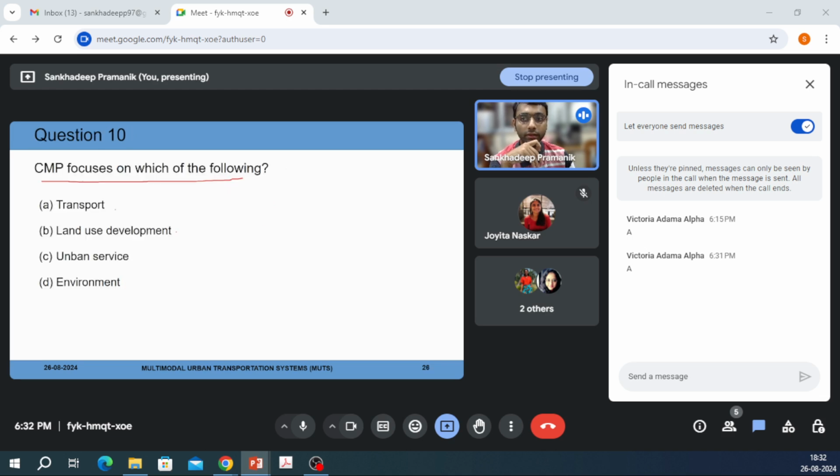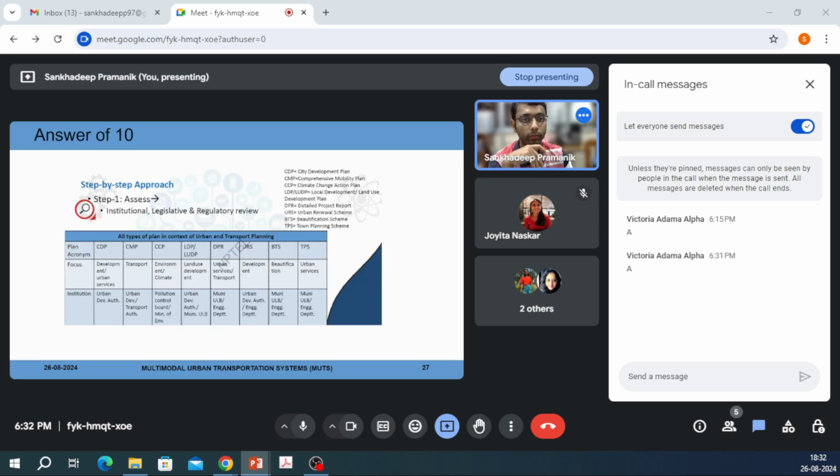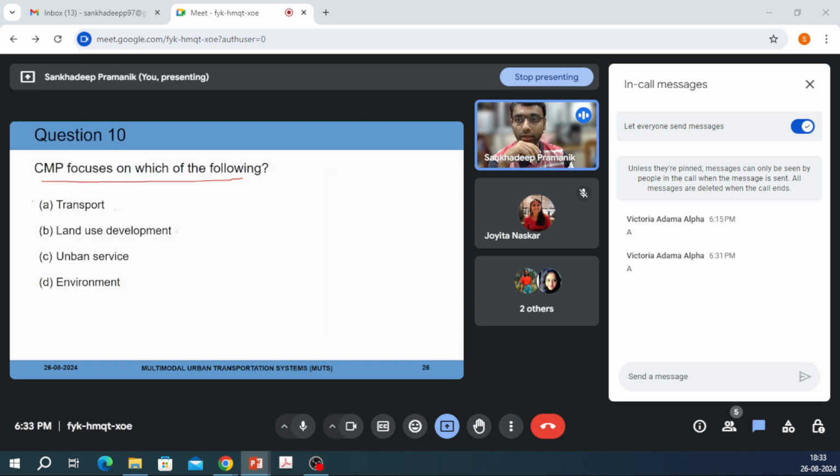So CMP is basically comprehensive mobility plan, and it focuses on transport. There are others like city development plan or climate change plan. These short forms are given, and this CMP, which is comprehensive mobility plan, generally focuses on transport. So option A is the correct answer.